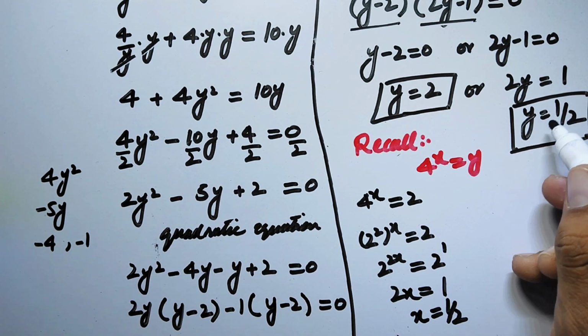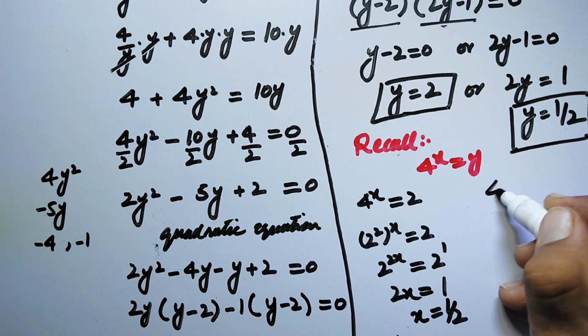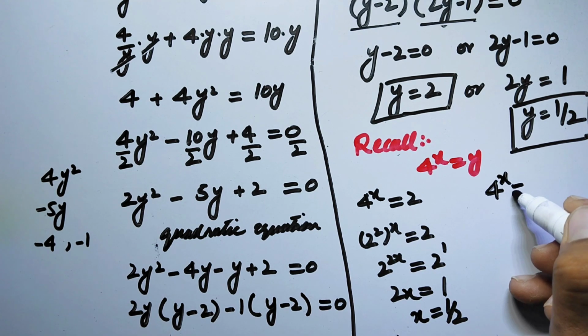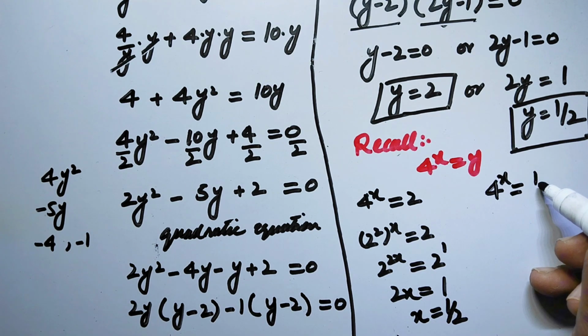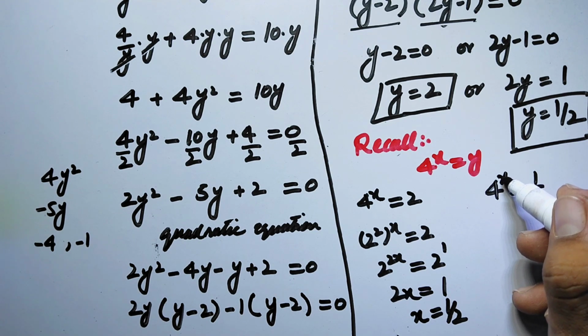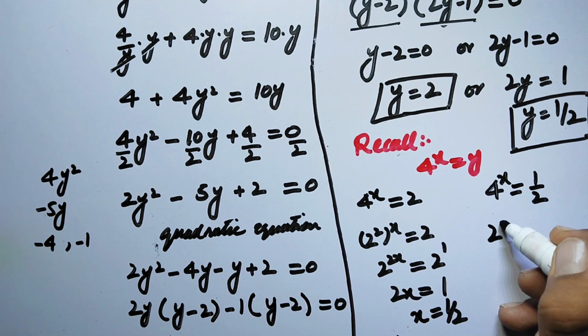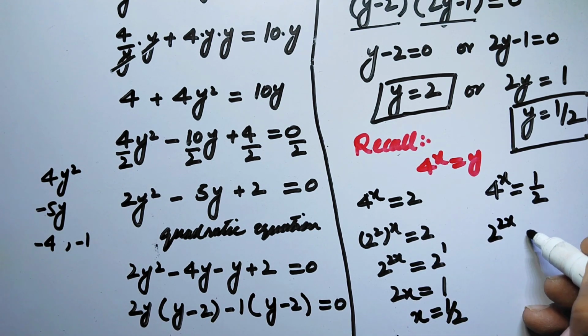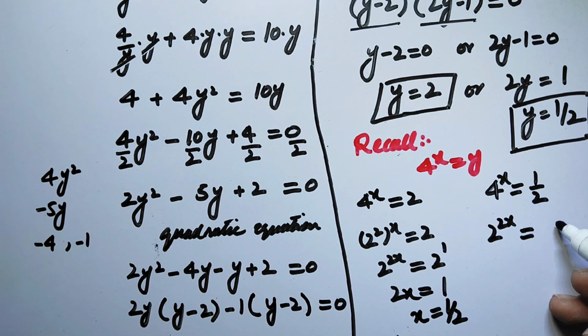And now when y is equal to 1 over 2, 4 to power x will be equal to 1 over 2, or we can write this 4 to power x as 2 to power 2x, which will be equal to 2 to power negative 1.